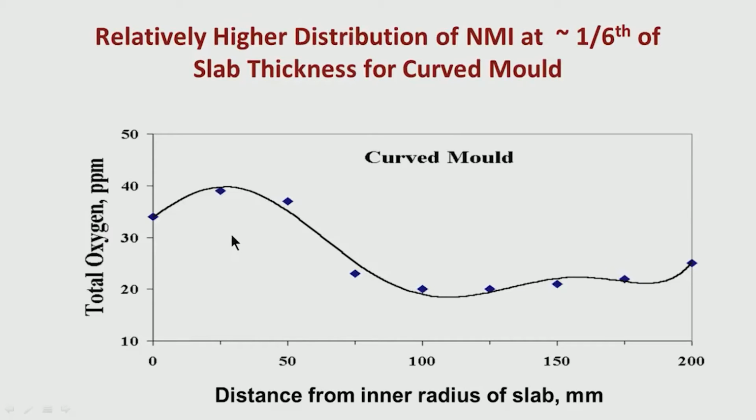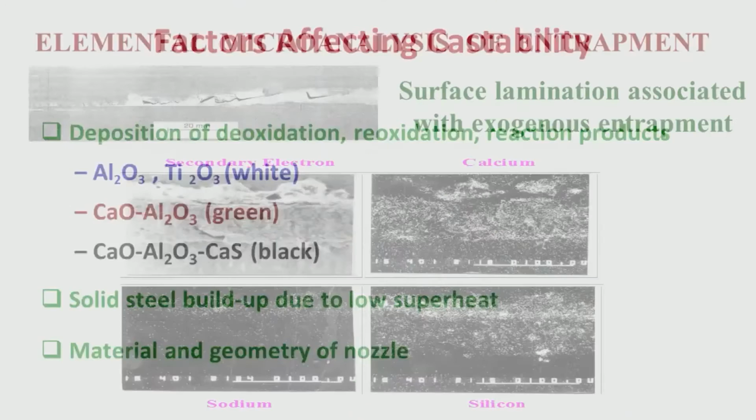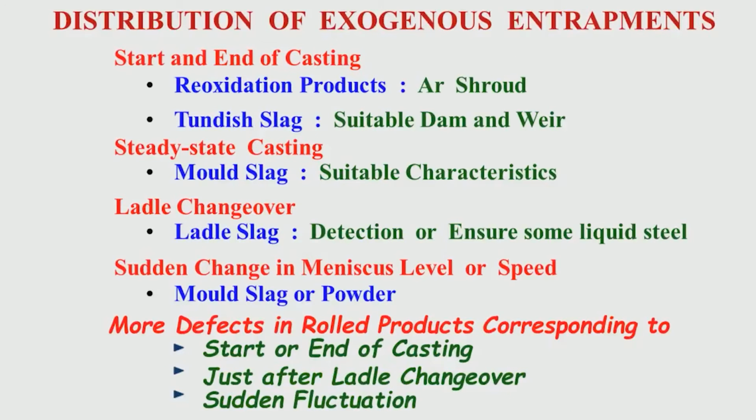What I have told is not only about certain slabs. If I go back, I have mentioned that slabs or blooms or billets cast from the start or end of the cast area are relatively bad.